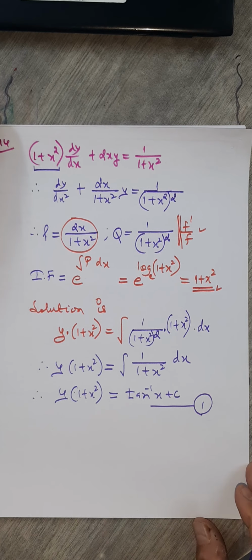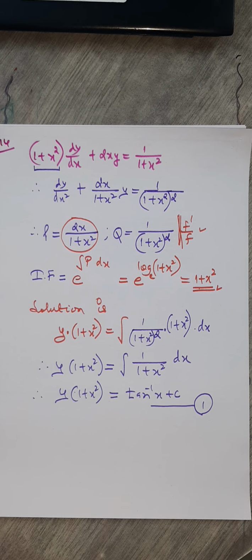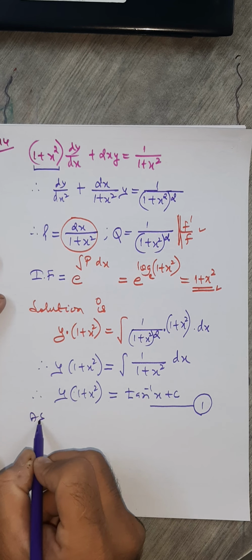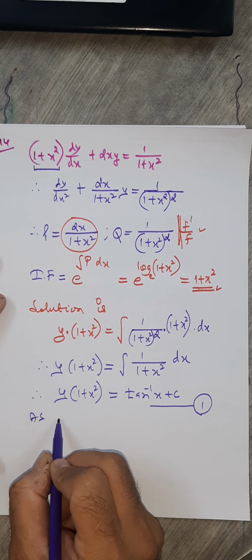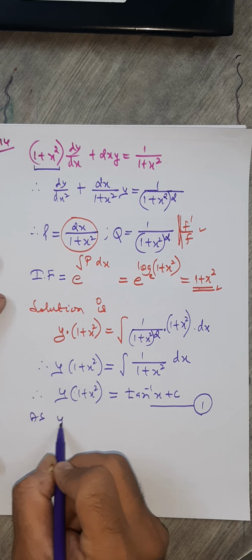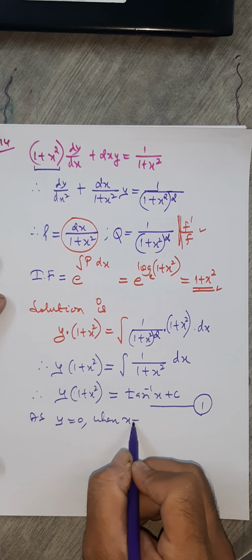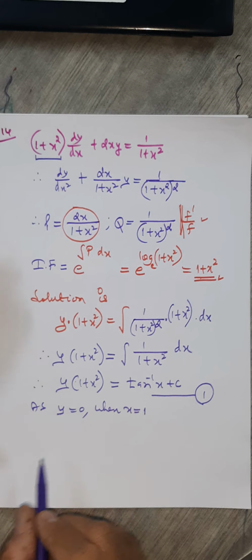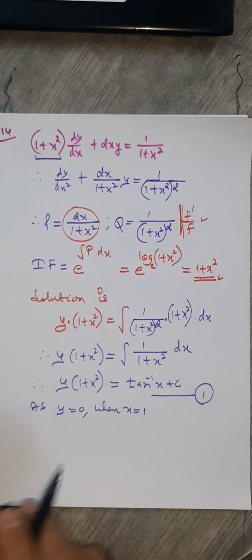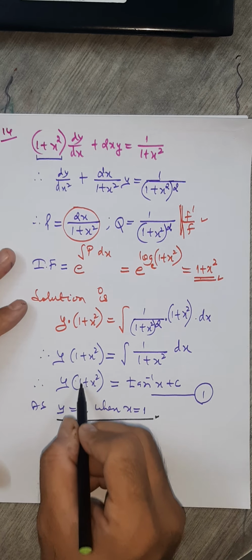You are given a certain condition here. So with the help of that condition, you are going to find the constant and finally you are going to place it there. Remember. So what about the condition? y equals to 0 when x is 1 here in question number 14. So let's use this condition in the above one.